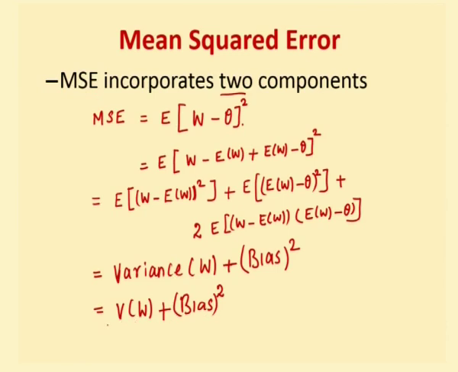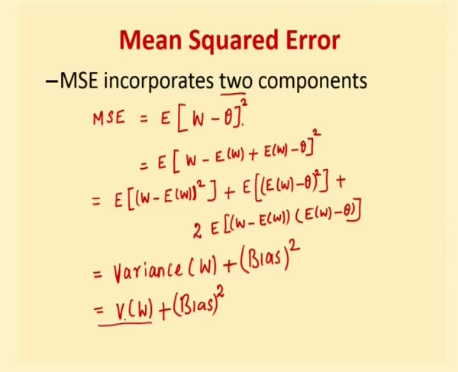So, our idea is to minimize variance. If we observe the two metrics we are talking about, we are connecting with the minimum variance, but I take variance first. Here also, if you observe closely, though we define mean squared error the way it is called, we boil down to two important components, variance of W and square of bias.